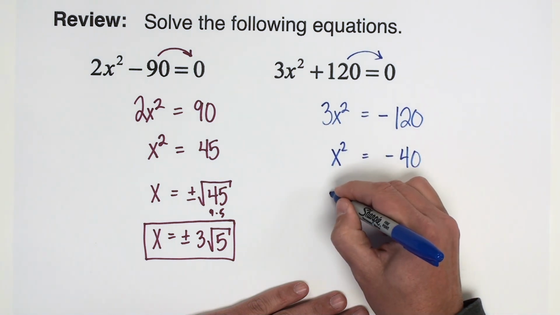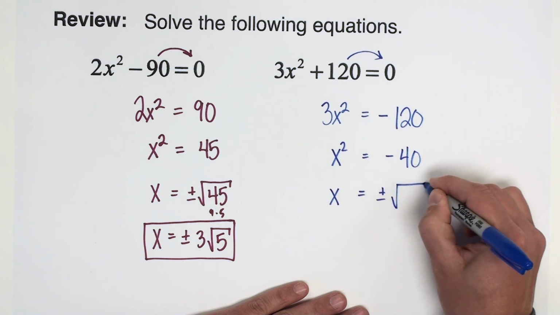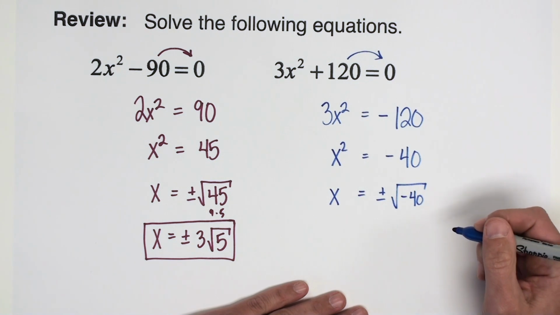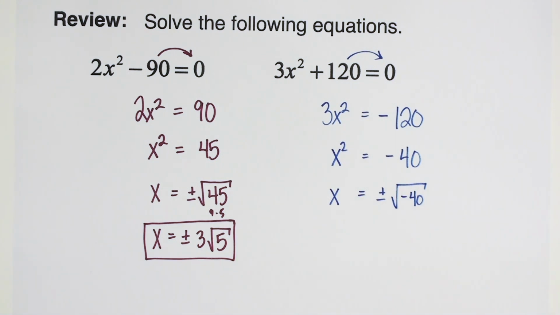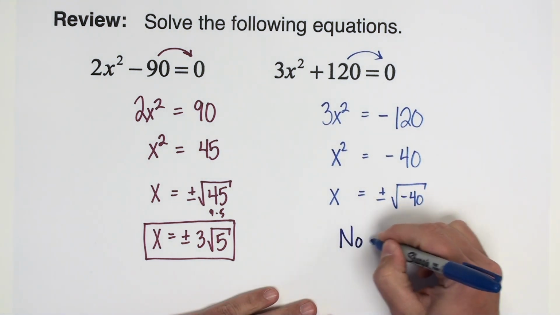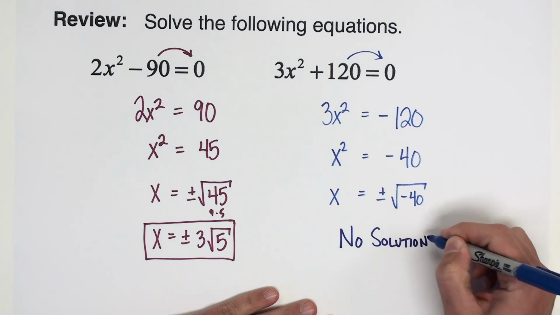And then we're going to square root both sides, so x equals plus and minus square root of negative 40. And at this particular stage of the problem, the fact that we've got a negative under that square root, anytime we've encountered that to date, we have stopped and said we have no solution.